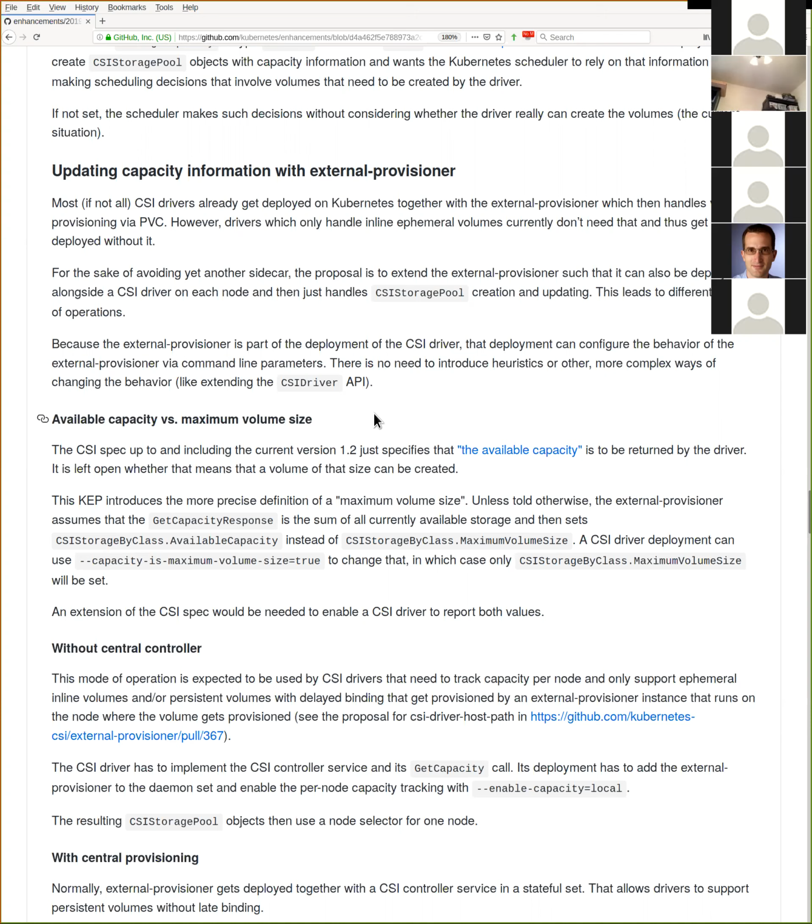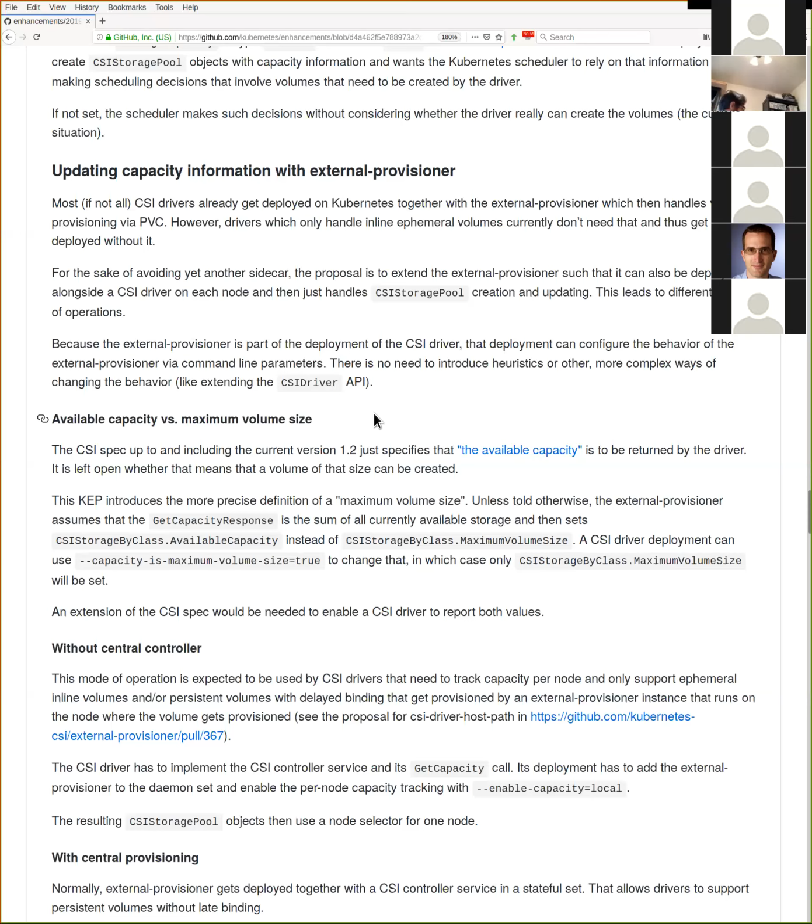One potential solution might be for the CSI driver, if it has this problem, to reduce the available capacity and the maximum volume size so that these volumes have enough slack to accommodate the round-up or increase of the actual volume size.